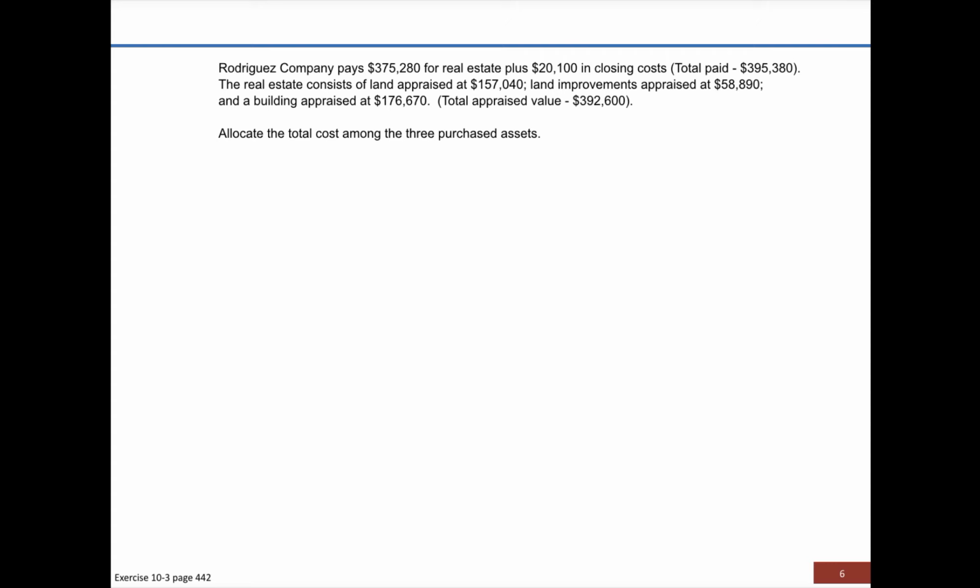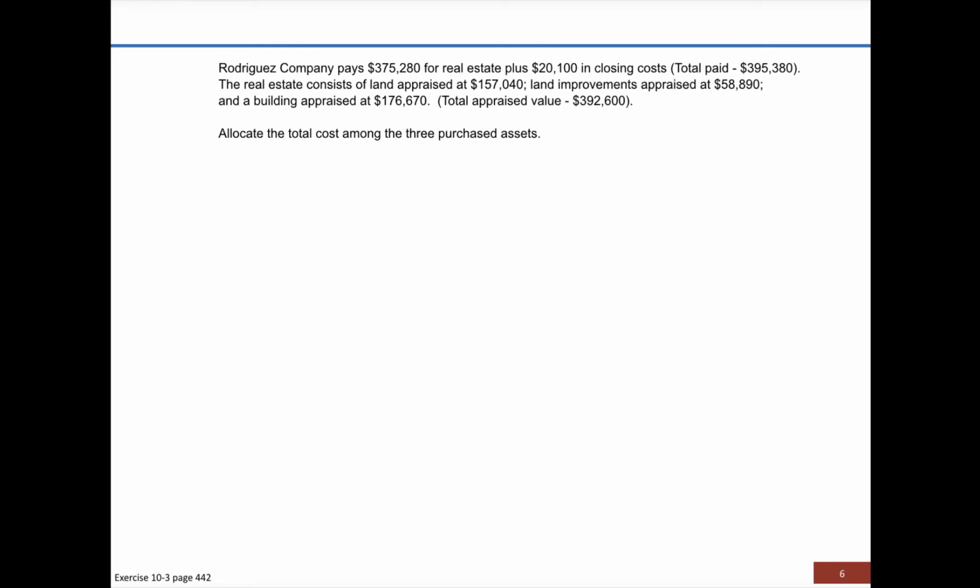We're going to have to divide this out, but now we're going to do what I showed you all with the values, where we're going to look at these items and try to determine which percentage of the total price that I paid should be allocated to each of those three categories.